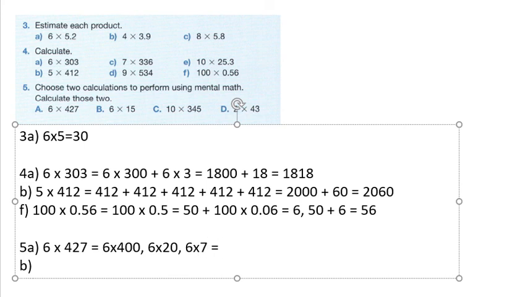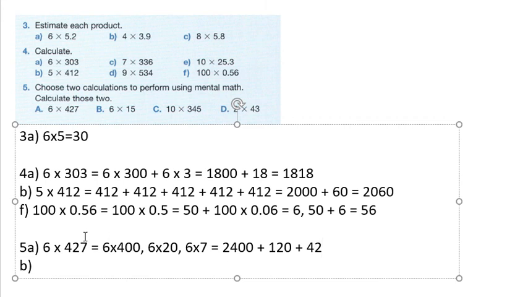I could add them all. So I could do this part very easily in my head. 6 times 4 is 24, but there are 2 zeros on the end of it. And then I'm going to add that to 6 times 2 is 12. There's a 0, so add a 0 on the end of it. And lastly, 6 times 7 is 42.